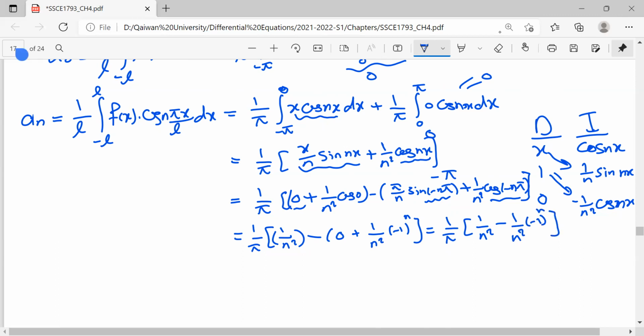We now can take 1 over n squared as the common factor. We get 1 over n squared pi times 1 minus minus 1 to the power n. That's it. This is an.